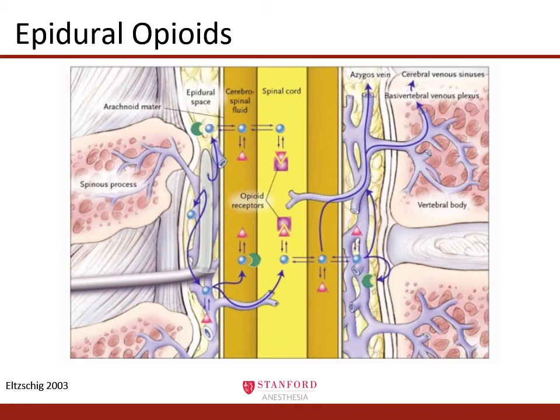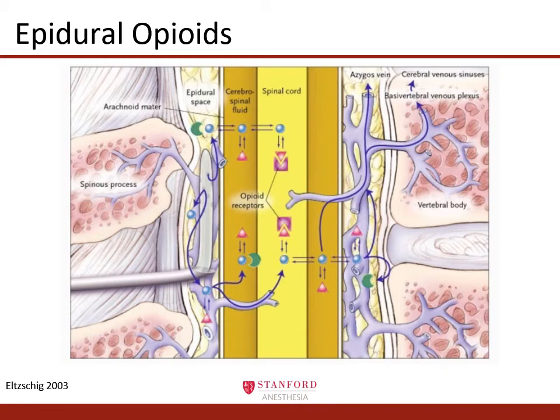Epidural hydromorphone we use as a bolus dose of 0.4 to 1.5 milligrams, which has an onset slightly faster than morphine of 15 to 30 minutes, and a duration of 18 hours, so slightly shorter than morphine as well.